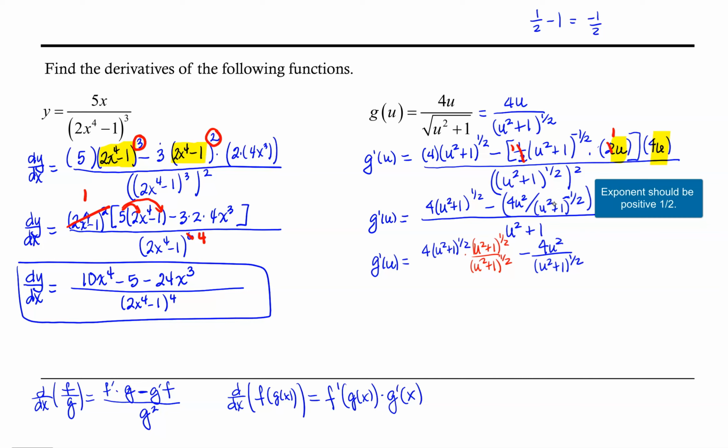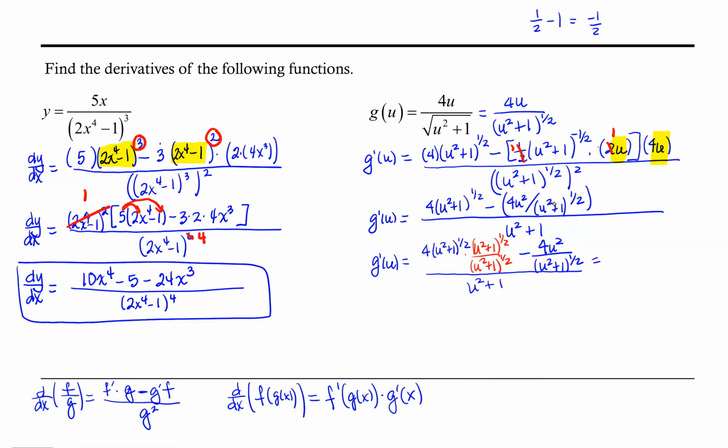And I just noticed that I had this negative still there. So let's get rid of that because I have moved it to the denominator. That exponent is no longer negative. All right, all over u squared plus 1.